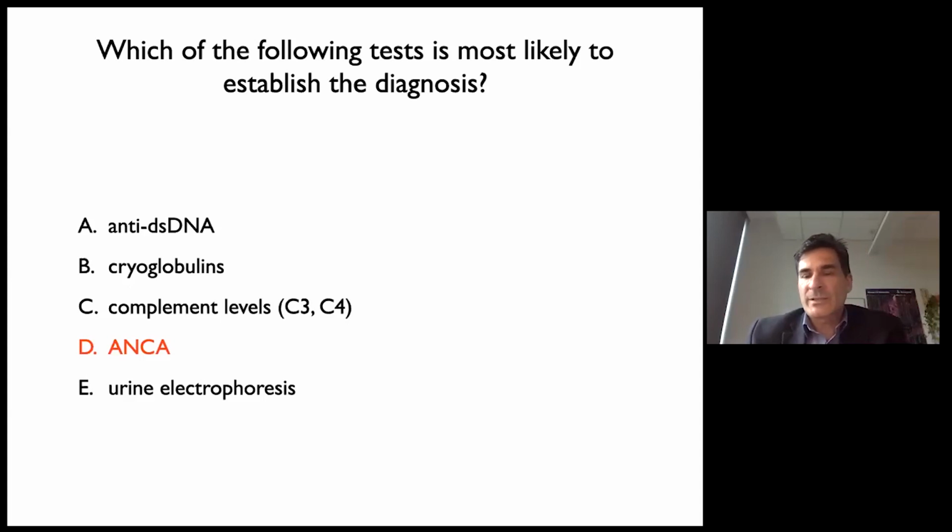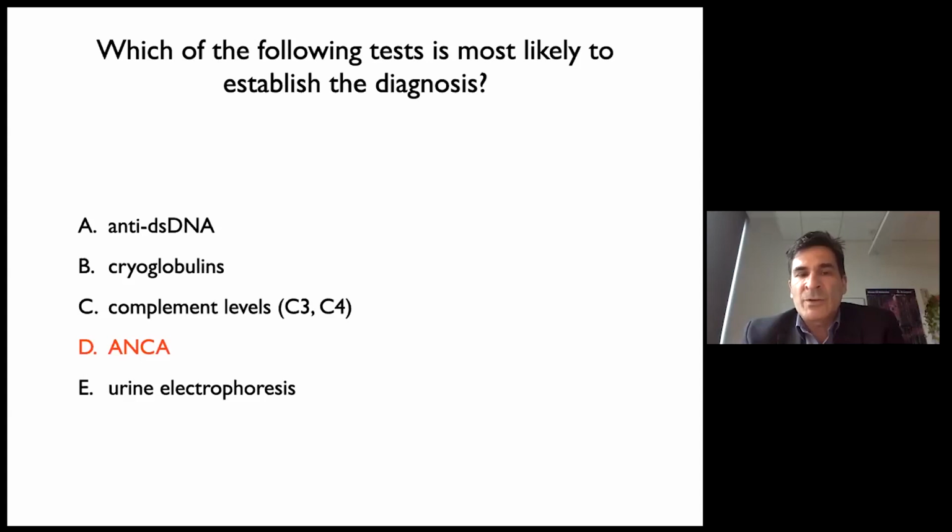This clinical presentation is the presentation of a patient with granulomatosis with polyangiitis. Disease manifestations include kidney disease, neuropathy, small vessel vasculitis with palpable purpura, and he also has involvement of the lungs and upper airways.